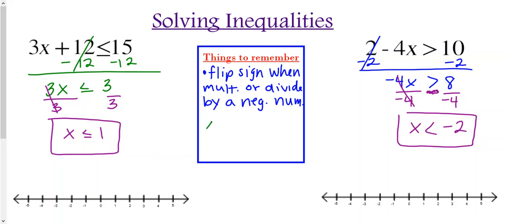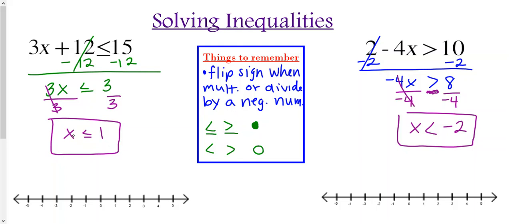If I have a symbol that looks like these, less than or equal to, or greater than or equal to, I'm going to use a closed circle. And if I have an inequality that looks like this, less than or greater than, I'm going to use an open circle.